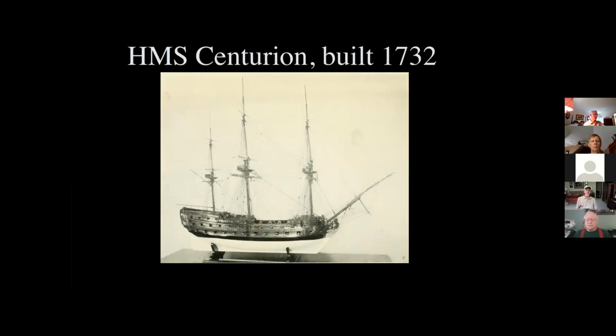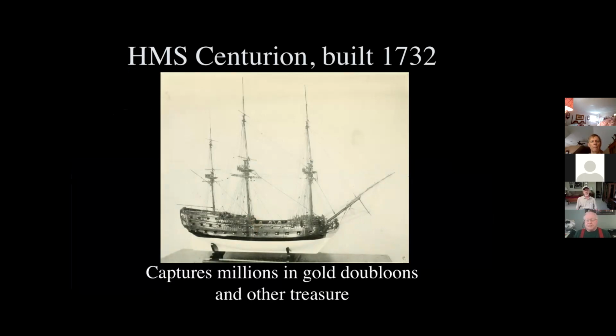So the ship was only about 8 years old when they went through this journey. They did, in fact, capture many, many millions in gold, doubloons, and other treasure. And it was considered a highly, highly successful plundering trip.